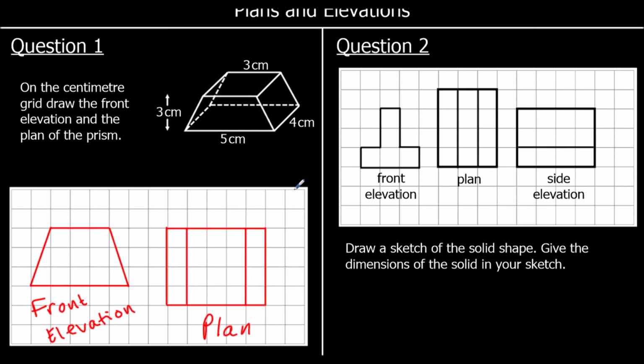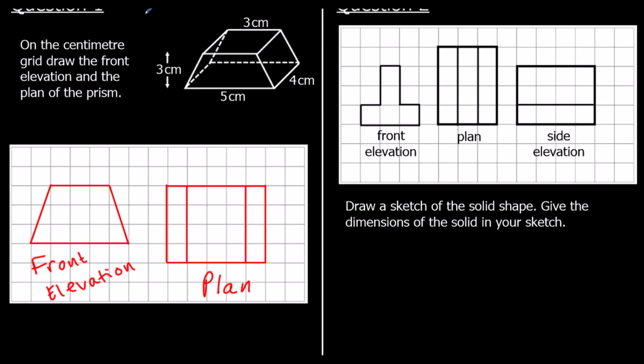And question 2. This time we've been given the front elevation, the view from the front, the plan, the bird's eye view, the view from the sky, and the side elevation, and we need to sketch the shape. So what does this shape look like?